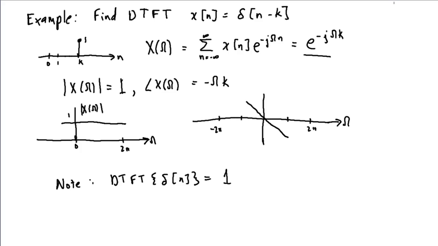Let's look at another example of a slightly more complicated sequence. Let's let x of n be equal to gamma to the n times u of n. Okay.